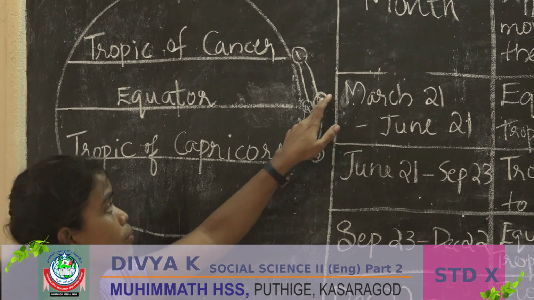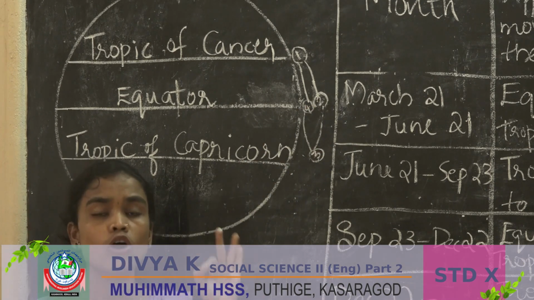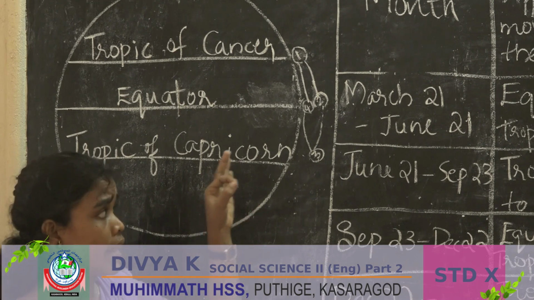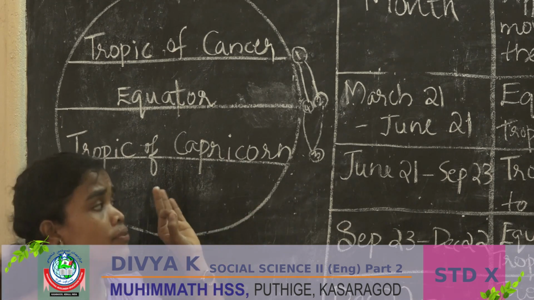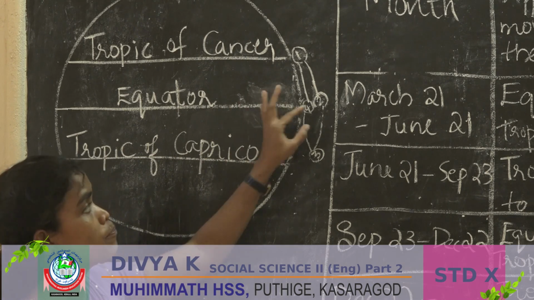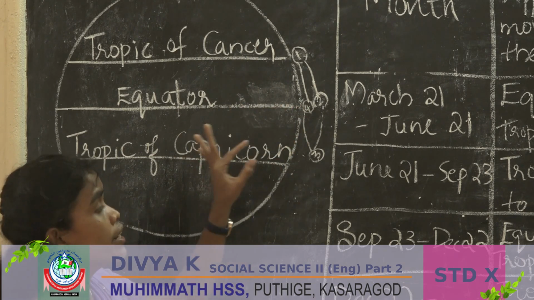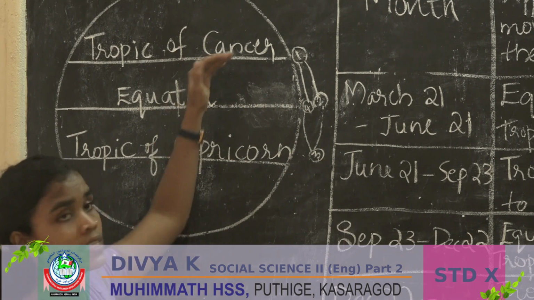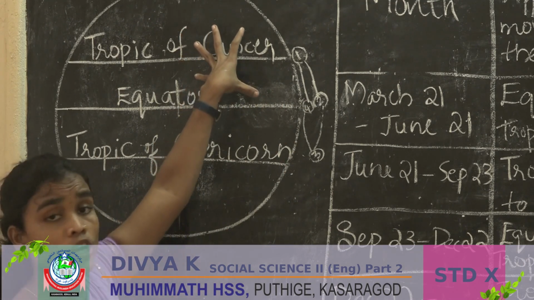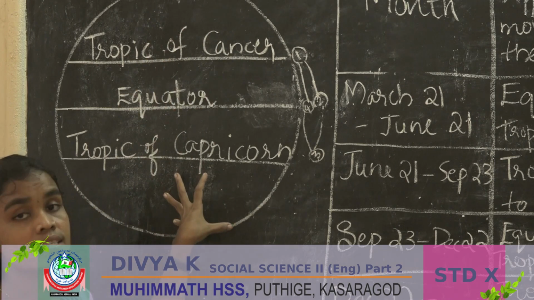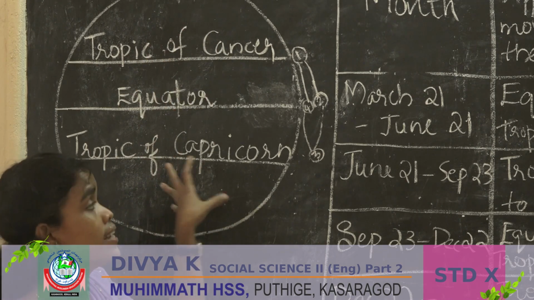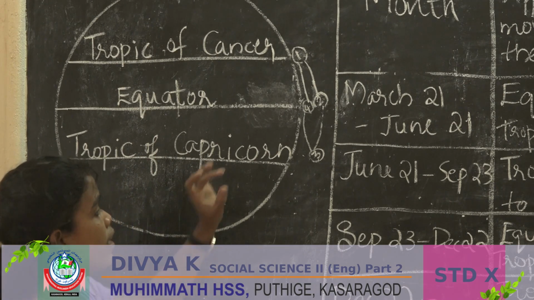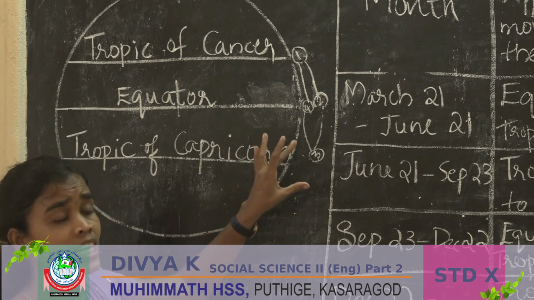The third shift is from the equator to the Tropic of Capricorn, from September 23rd to December 22. It causes the autumn season in the northern hemisphere and the spring season in the southern hemisphere. Is it clear?